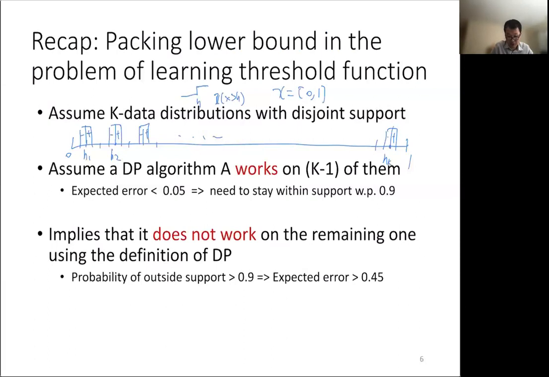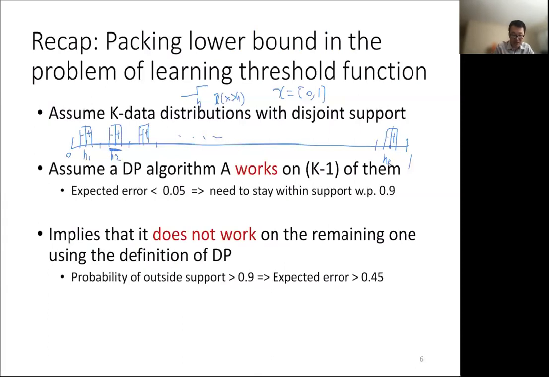But let's say it is smaller than 0.05 for a marginally interesting, non-trivial learning result. Let's say that this DP algorithm will output h hat. In order for this algorithm to achieve any non-trivial error, the output classifier needs to be within the ballpark, somewhere in the neighborhood of h2. If not, then this classifier will always classify at least half of the data points incorrectly, therefore resulting in an error rate of 0.5.